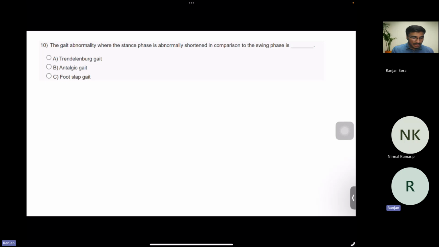And next question is the gait abnormality where the stance phase is abnormally shortened in comparison to the swing phase. So this is an example of antalgic gait.